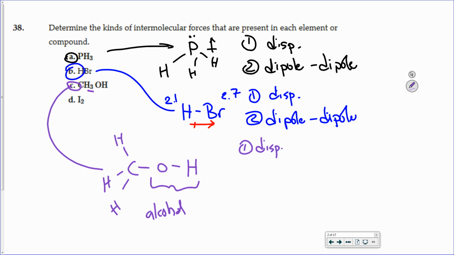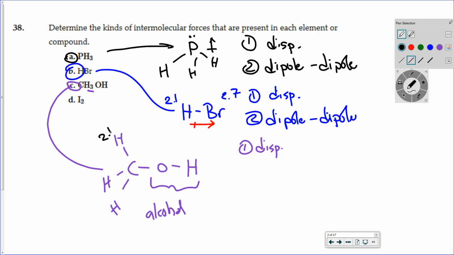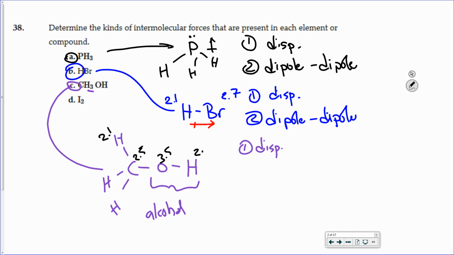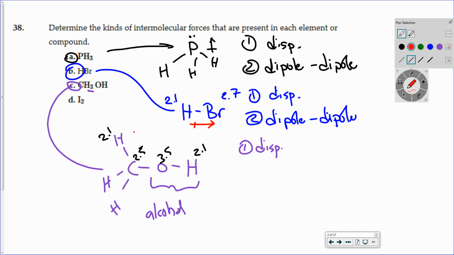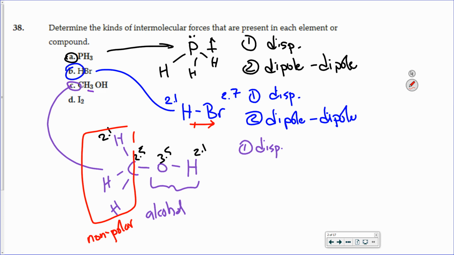Okay, if I look at the different portions of the molecule, this has an electronegativity of 2.1. This is 2.5. Oxygen is 3.5. This is 2.1. So the section on the left-hand side is all nonpolar, because the difference in electronegativity in those bonds is less than 0.5. But I have to consider the other side of the molecule as well. On the right-hand side, I've got a big separation.